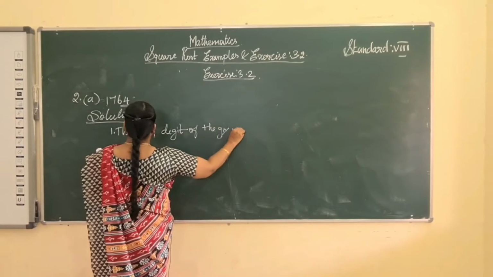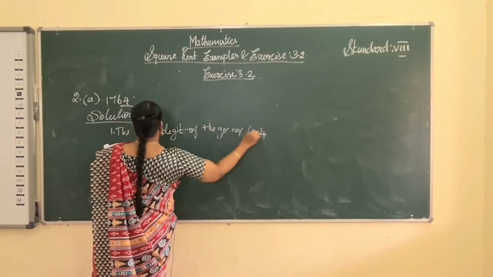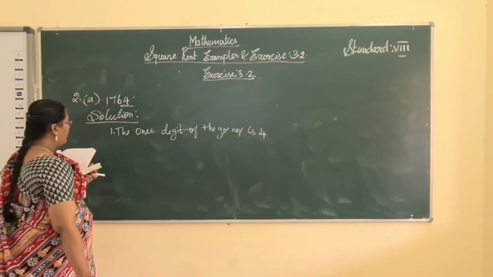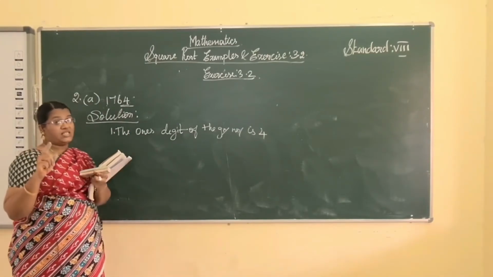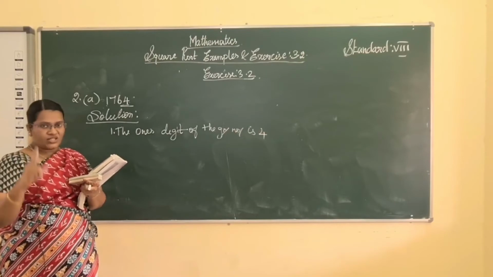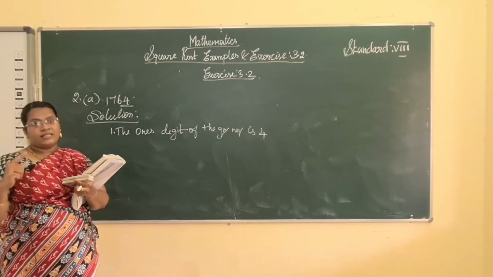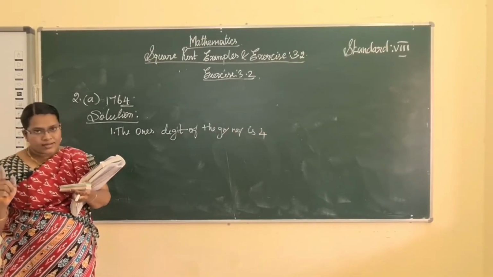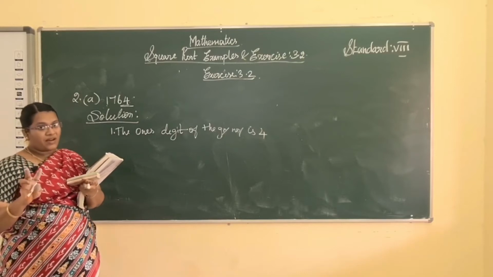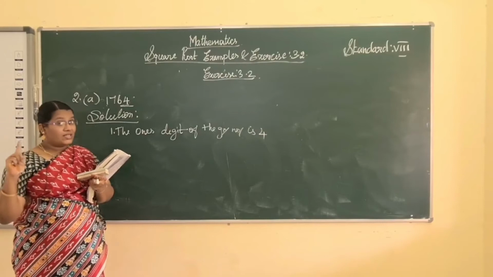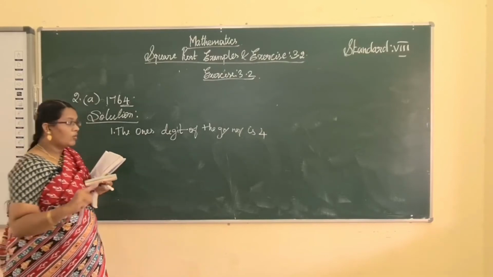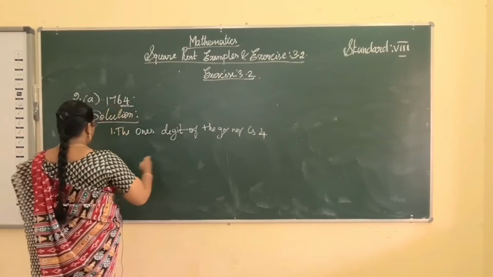The given number is 1764, so the ones place is 4. Okay. So which numbers' squares give 4 in the ones place? 2 square is 4 and then 8 square, 8 eights are 64. These two numbers have squares ending in the ones digit 4.